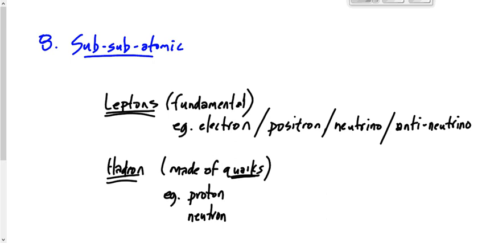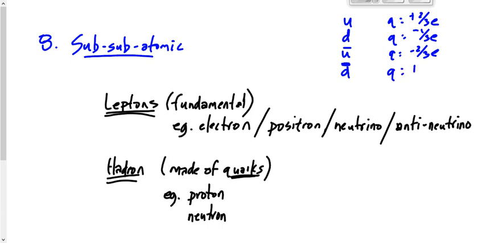If you look in the bottom right-hand corner of your data sheet, you can see an up quark has a charge of positive 2/3 of the elementary charge, and a down is negative 1/3. An anti-up is negative 2/3, and an anti-down is positive 1/3. You don't even know those numbers are on your data sheet.